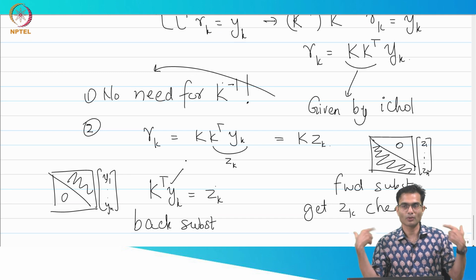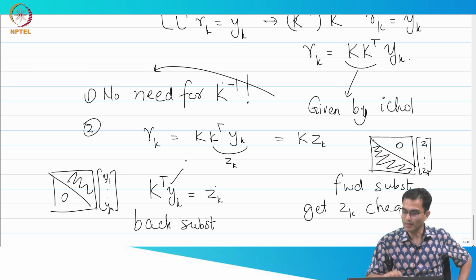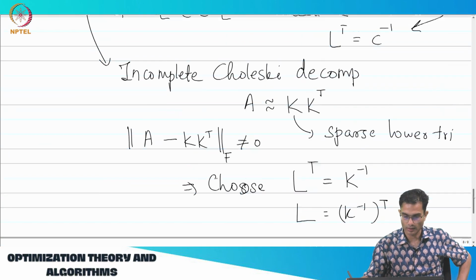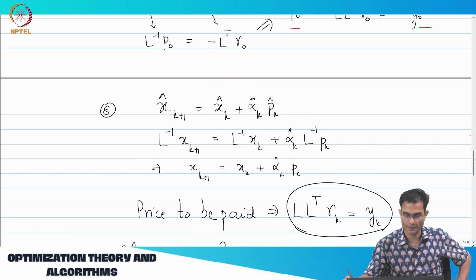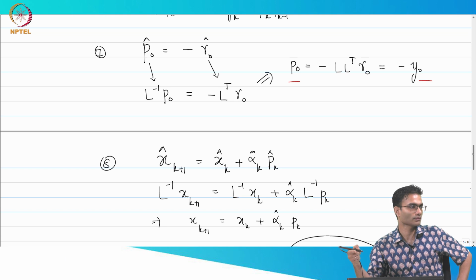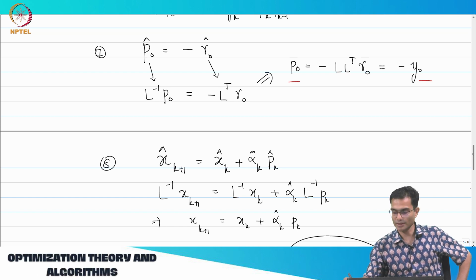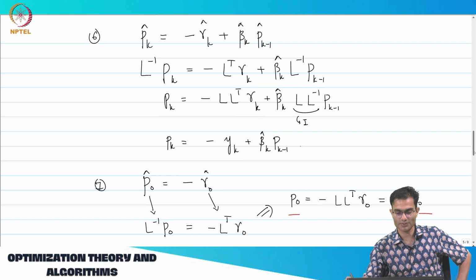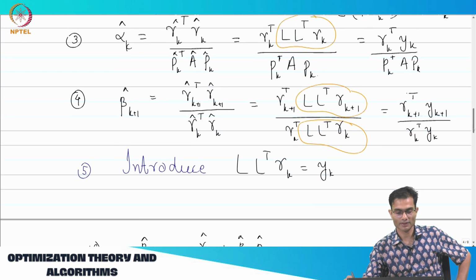That gives me my y's, right? Once I get my y's, if I scroll back over here, I got my P0 in step 7. So I know the first conjugate direction, it's minus y0, right? Once I know my y0, then I know my next P is also calculated from step 6. Betas and alphas are available over here.